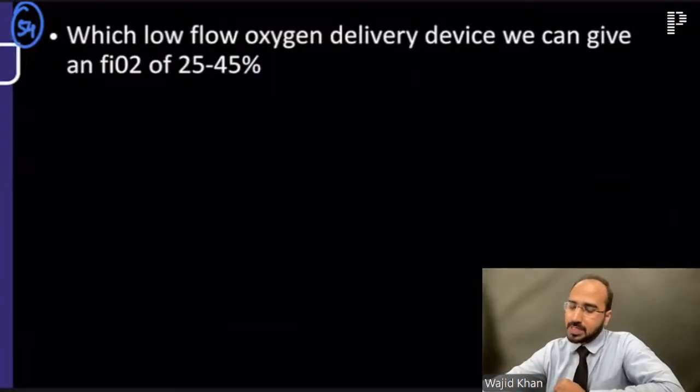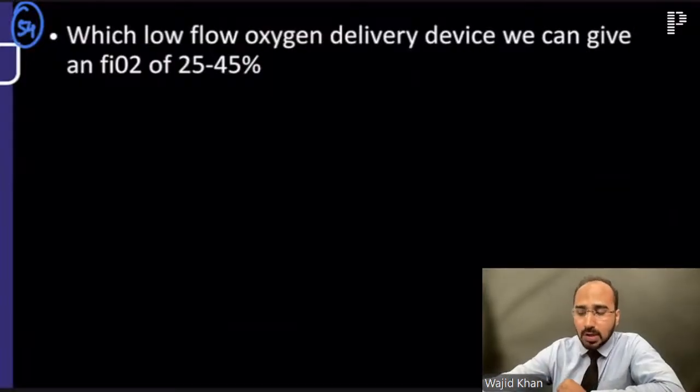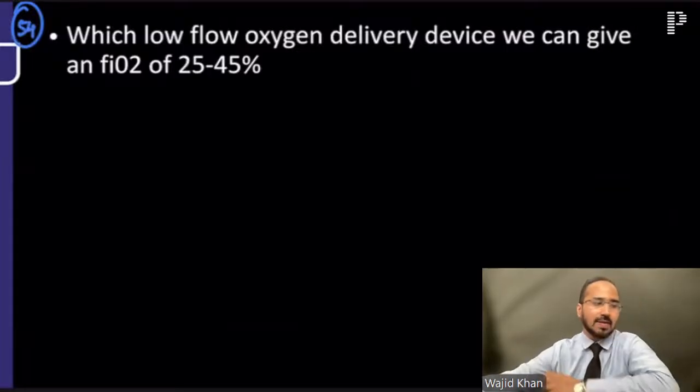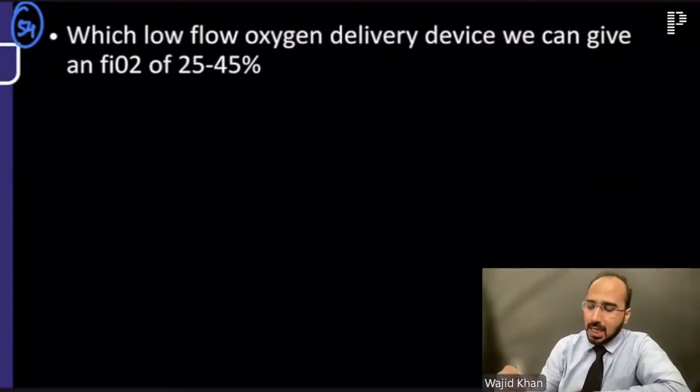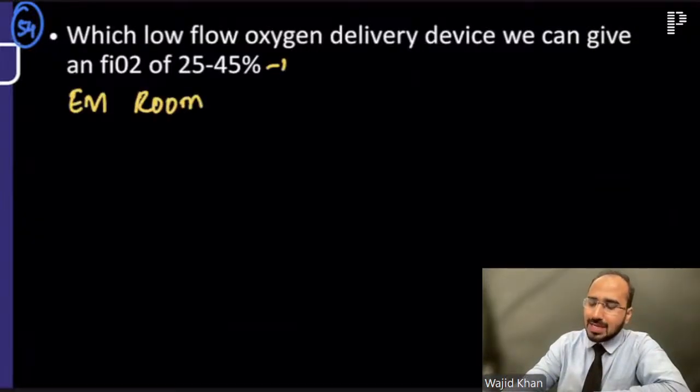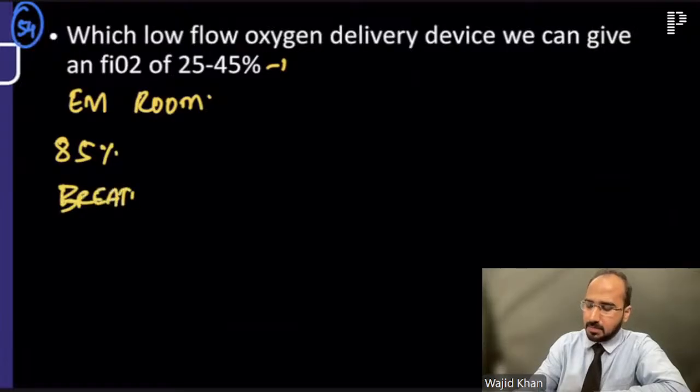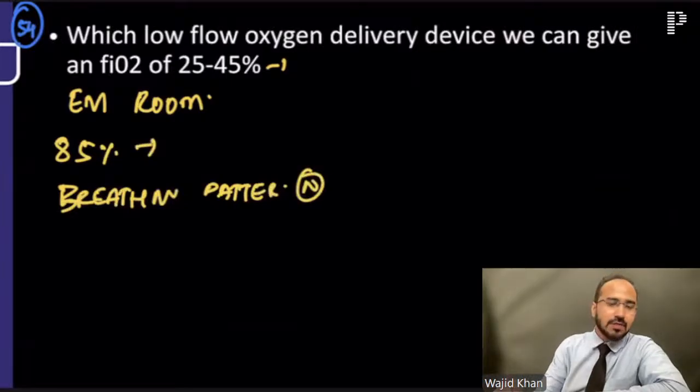Next question, guys. Which low flow oxygen device can give an FiO2 of 25 to 45%? Before answering this question, imagine you are in the emergency room and you get a patient who comes with an oxygen saturation of 85%. His breathing pattern is normal, but he has a saturation of 85%.